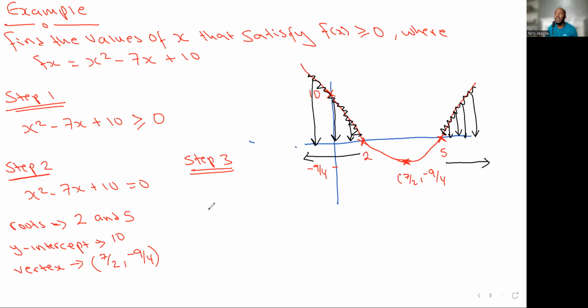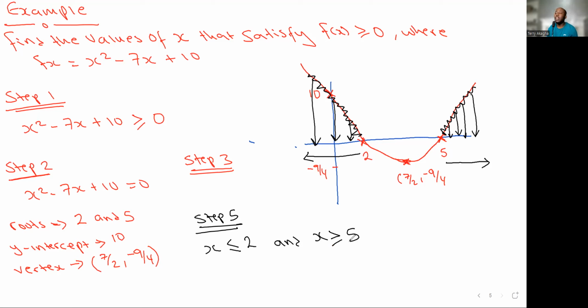So we can now say step 5: x is less than or equal to 2, and x is greater than or equal to 5.